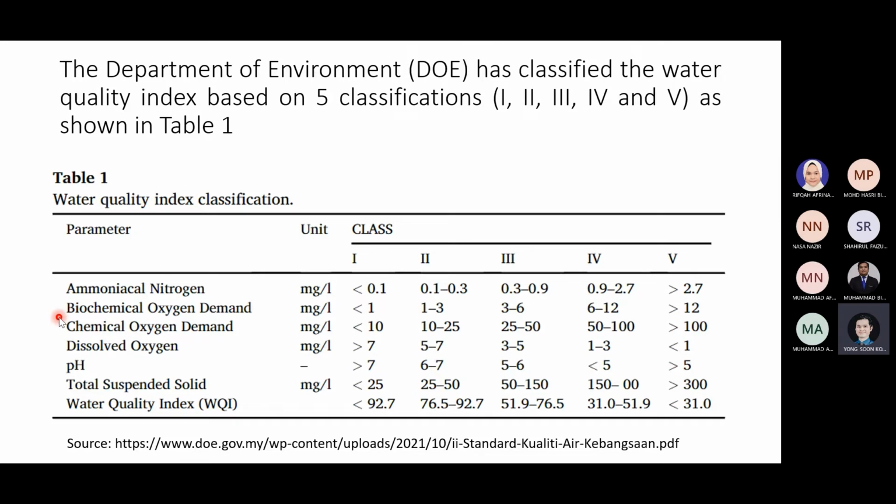Biochemical oxygen demand measures how much organic matter is in the water, because it measures how much oxygen is used to fully degrade organic matter. What about chemical oxygen demand? This one measures how much oxygen is used to degrade everything, including organic matter as well as inorganic matter. Organic plus inorganic, everything is here.